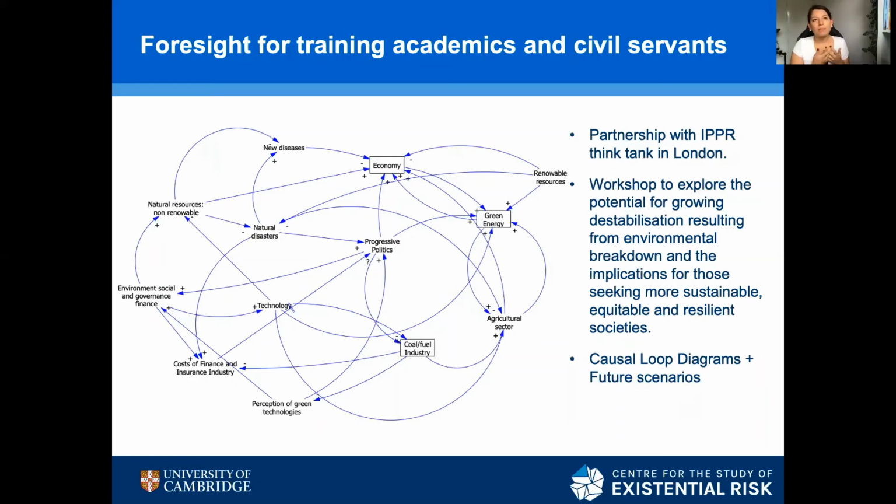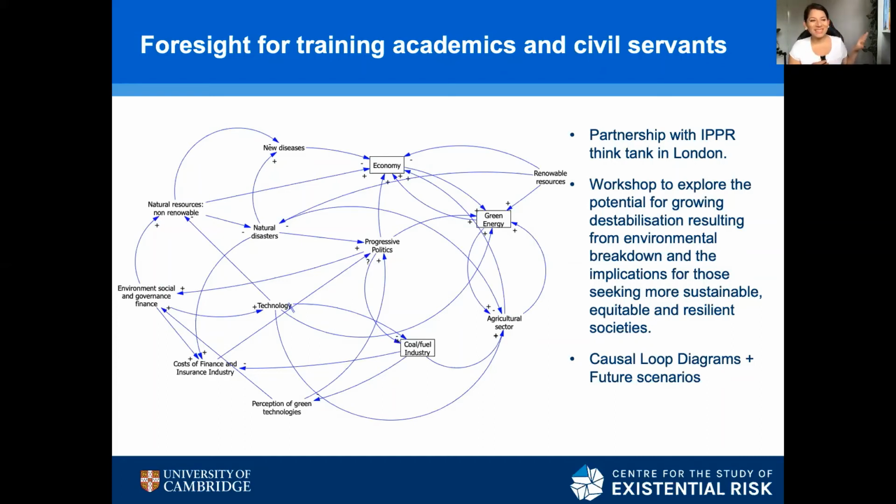What we really did was teach them how to use Foresight tools to think about the growing destabilization resulting from environmental breakdown and the implications for those seeking more sustainable, equitable, and resilient societies, which is everyone who participated in our workshop.